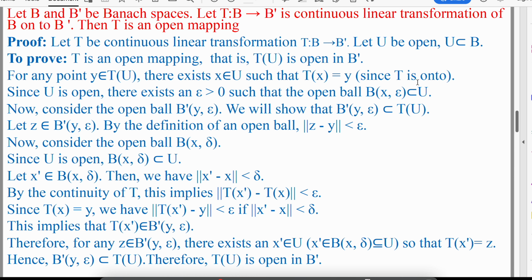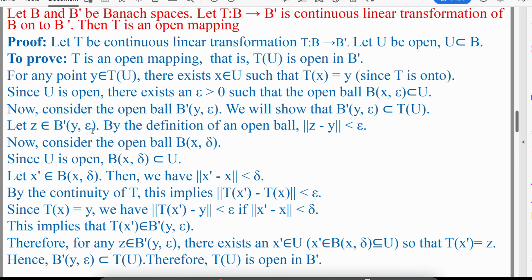Now we have to show that TU is open. So if we consider the open ball B dash centered at Y and radius epsilon, then it is sufficient to show that this open ball is a subset of TU. Suppose Z is any point in this open ball centered at Y and radius epsilon.